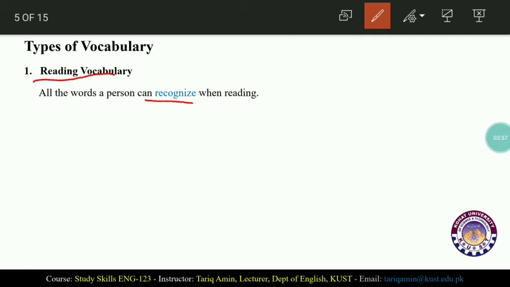And if you can't recognize a particular word, it means that word is not part of your vocabulary.